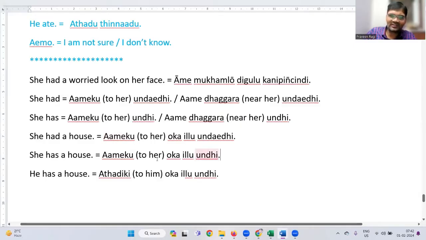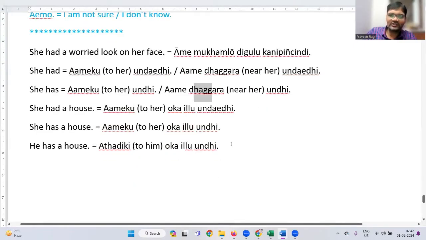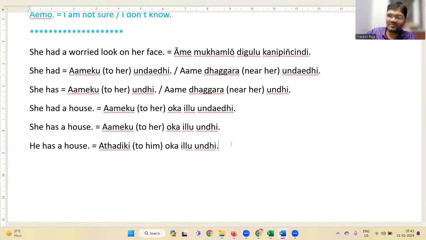Here ameku is there, deggara not there. Ameku deggara is not correct. Similarly, ame deggara is correct, ameku deggara not correct. Sometimes we use deggara instead of ku.